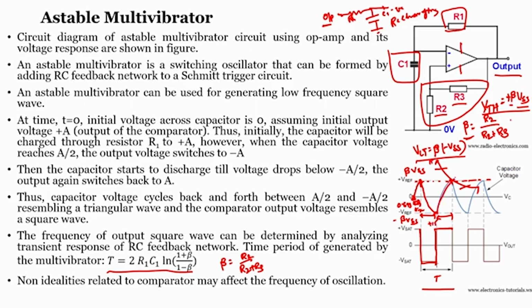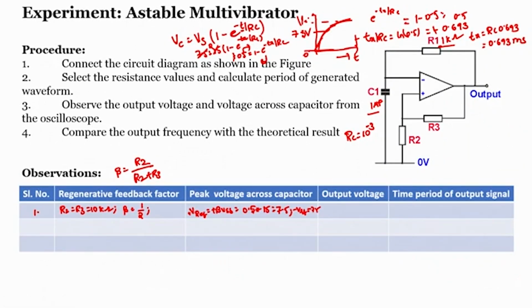Since we are looking into the charging state, we will get this T1, and later we will see the discharging T2. T1 plus T2 gives our complete T.